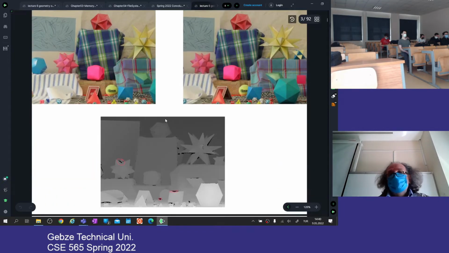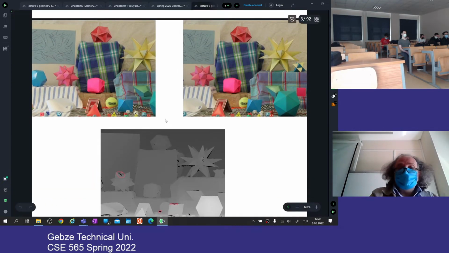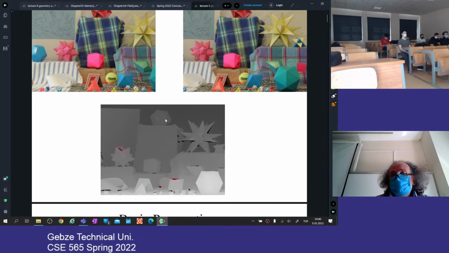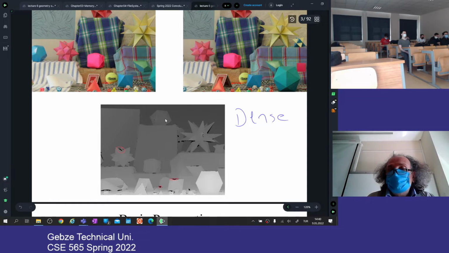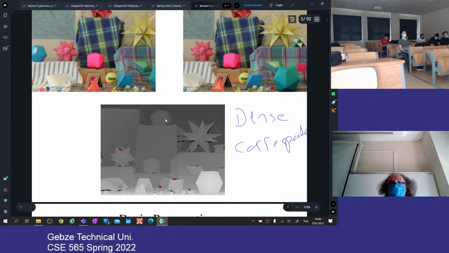Given this left image and right image, finding the disparity or the correspondence for each pixel means establishing the dense correspondence. Why do we call it dense? Because we try to establish the correspondence for each point in the image.